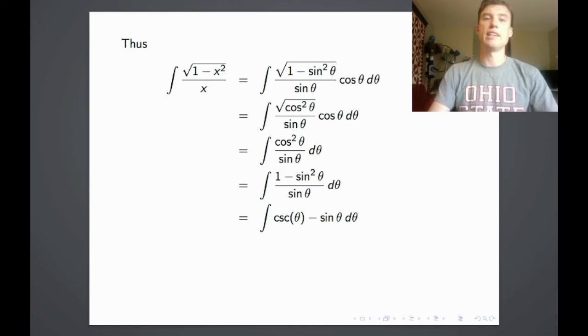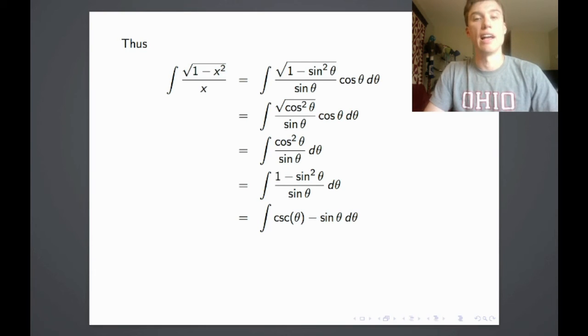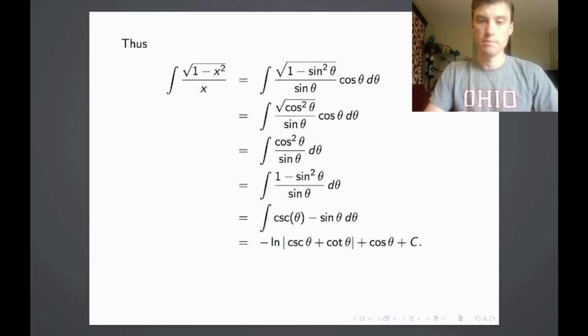We know the antiderivative of cosecant theta and sine theta. Hence, we can integrate, and we get negative log of cosecant theta plus cotangent theta, plus cosine theta, plus c.